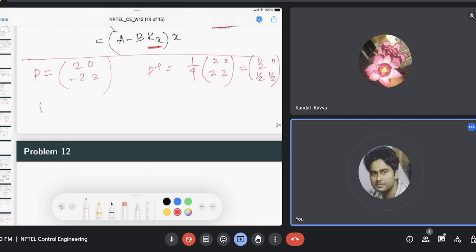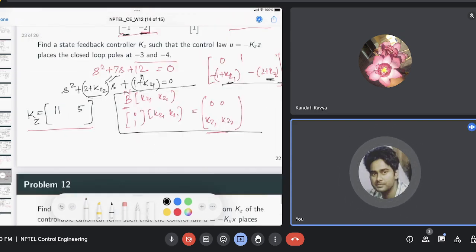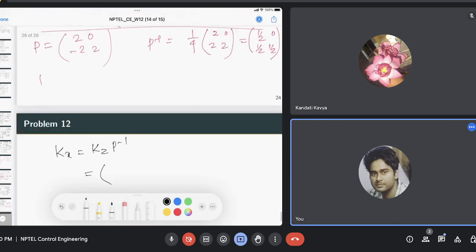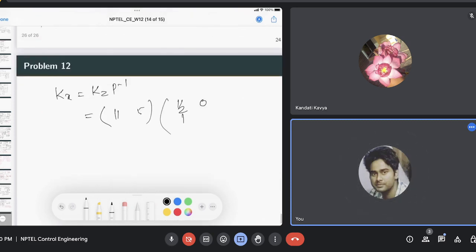So then we know Kx is Kz into P inverse, right? And Kz we computed in the controllable canonical form: 11 5. And P inverse is half 0 half half.